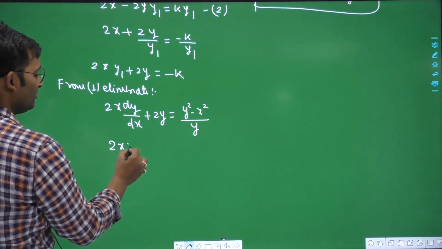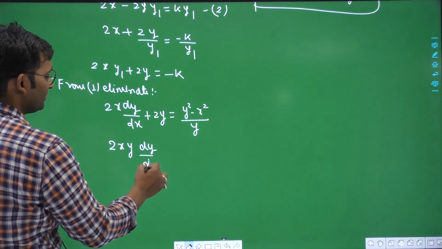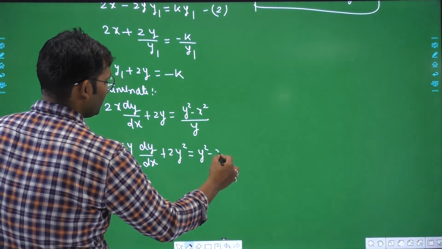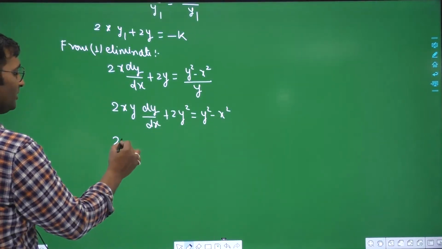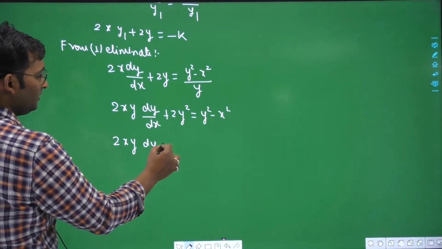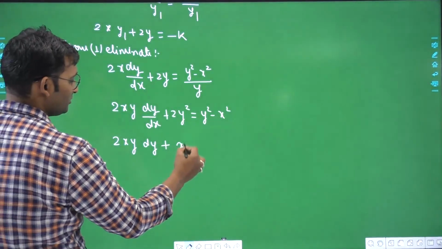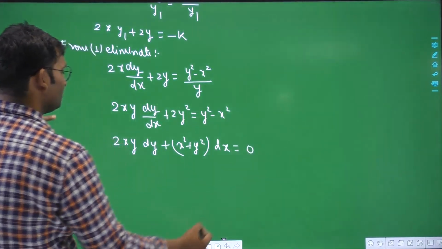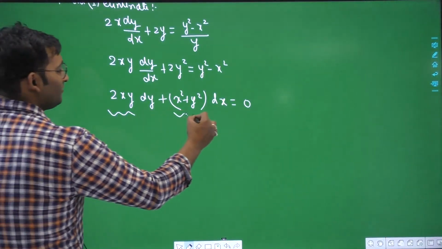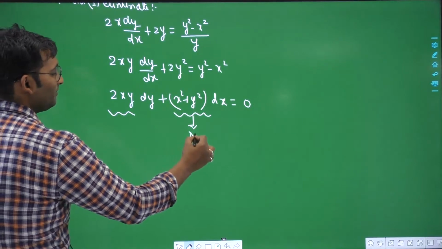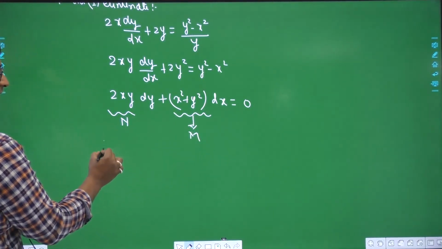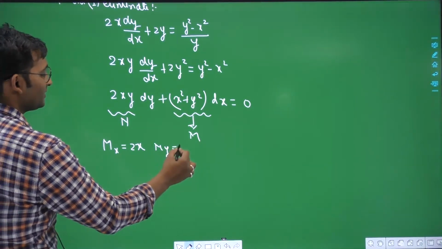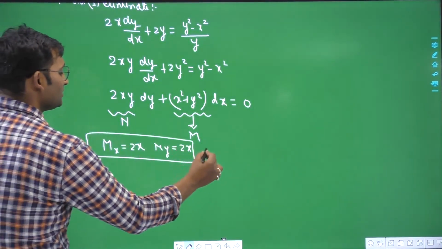So you get 2xy dy upon dx plus 2y square is equal to y square minus x square. And you will get simply 2xy dy plus x square plus y square dx equals 0. So this is clearly an exact differential equation. If you consider it to be M and the other N, then Mx happens to be 2x and Ny happens to be 2x. So clearly this equation is in exact form.